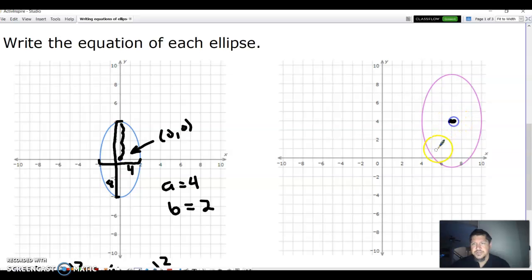Now this center is at 7, 4. So if I look at this, that's 1, 2, 3, 4, 5, and this is 1, 2, 3. So vertically, thinking y, A is 5, because that's the distance from here to here. Distance from here to here is 1, 2, 3. So that's going to be your B, right?